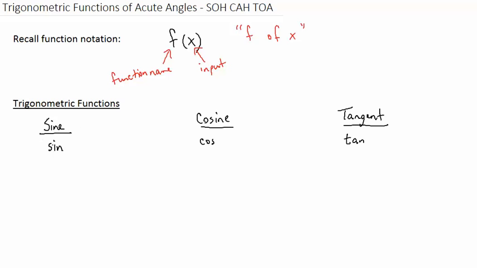These behave like f. Now, the input to a trig function, we don't use the variable x, because as we said in the title, inputs to trig functions are angles.